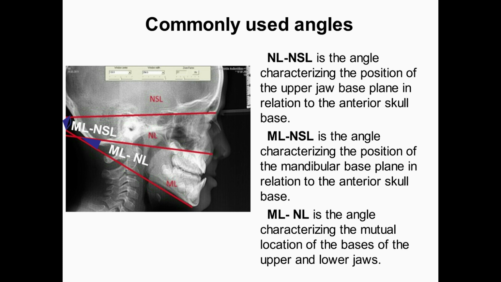NSL-ML is the angle characterizing the position of the mandibular base plane in relation to the anterior aspect of the skull base. ML-NL, intermaxillary angle, is the angle characterizing the mutual location of the bases of the upper and lower jaws.